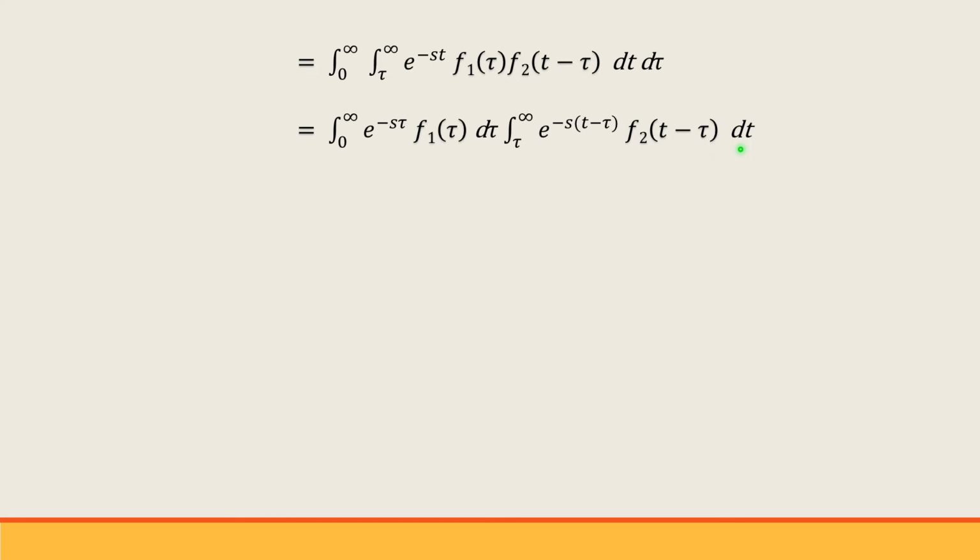Just by multiplying the first term by e raised to the power minus s tau and the second term by e raised to the power plus s tau.